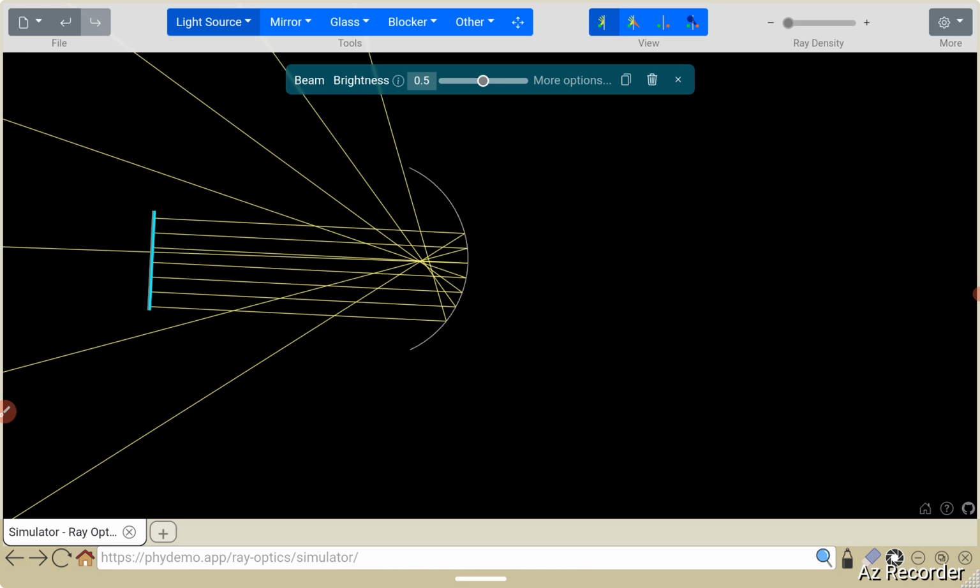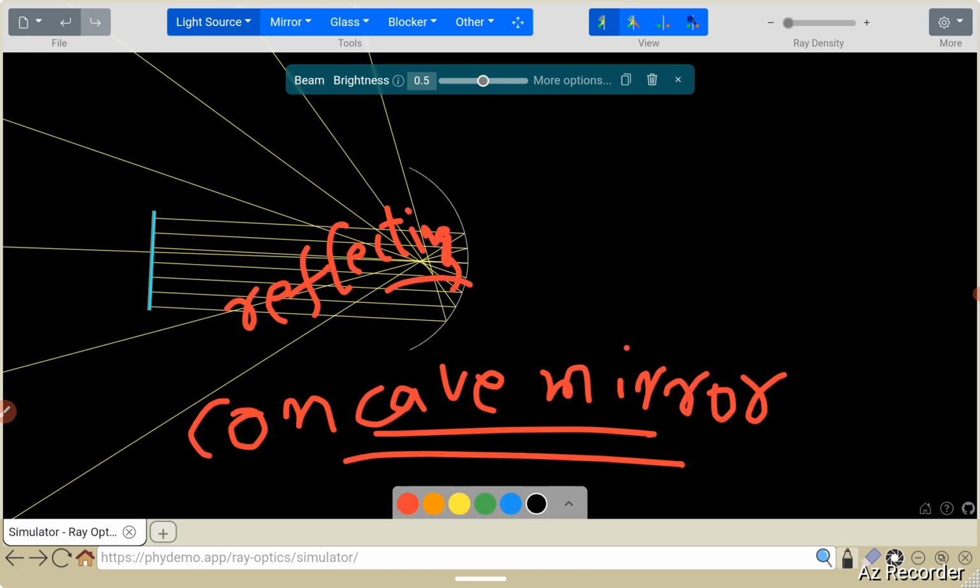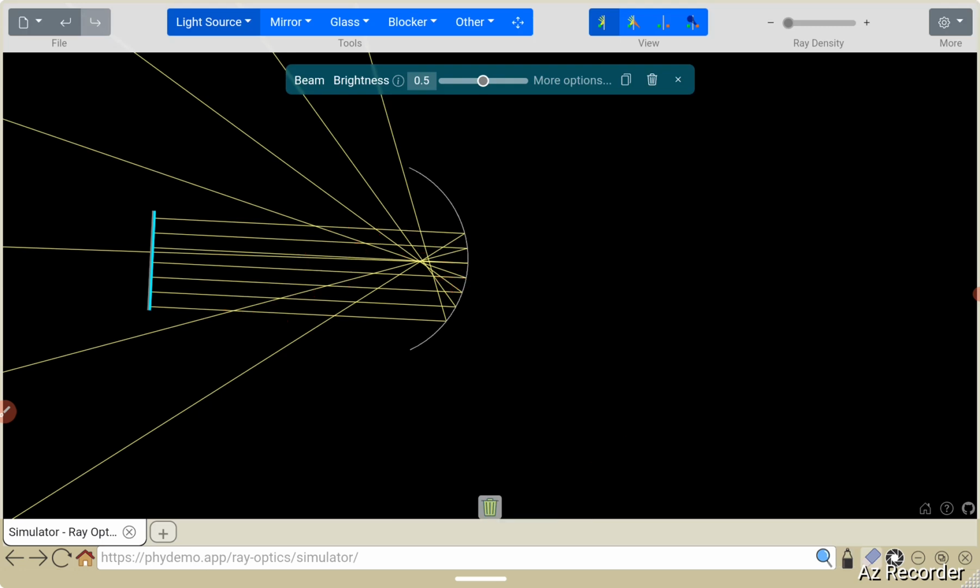I have taken a parallel beam. These are the incident rays, which are parallel. Now, these are the reflected rays. They are touching the mirror here and reflecting back.